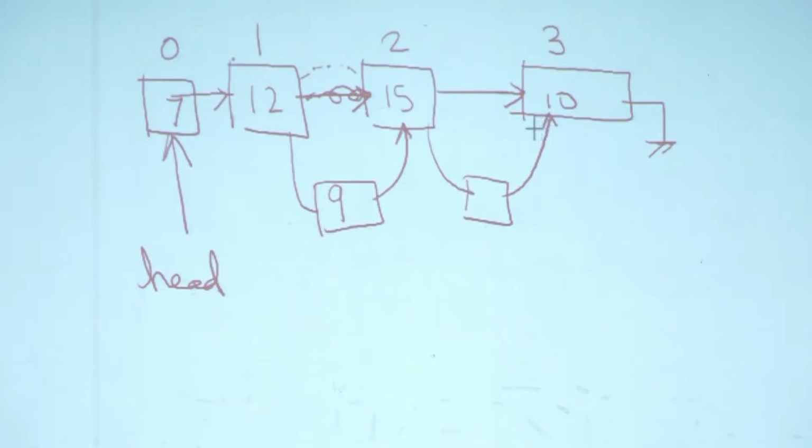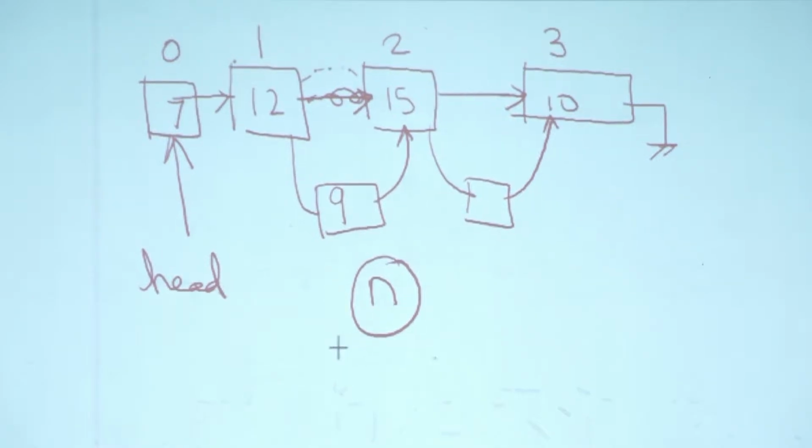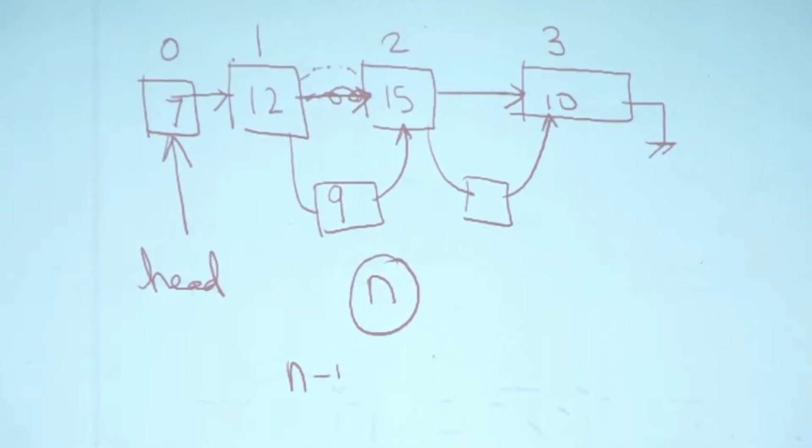So we always have to anchor ourselves at one position earlier than the position where we want to insert. If I want to insert something at position n, I have to anchor myself at position n minus 1. So if n is 2, then I have to go till 1 and stop.